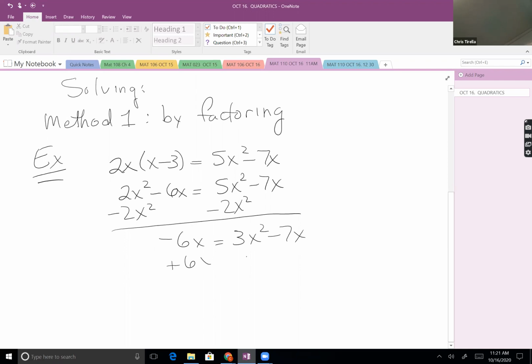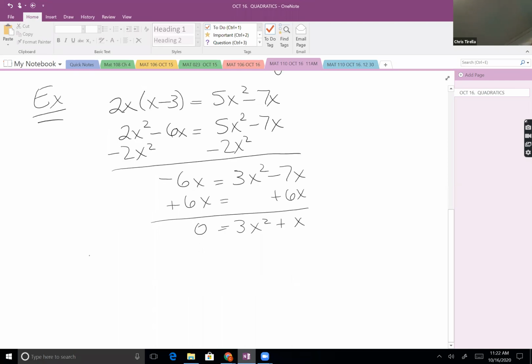So let's add that 6x to both sides. Gives me 0 equals 3x squared plus x. Now that it's in standard form, we want to factor. How would you folks factor this?